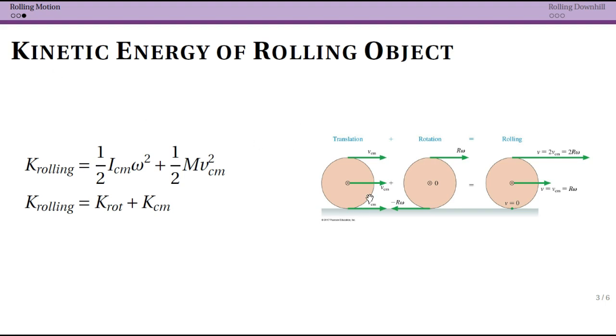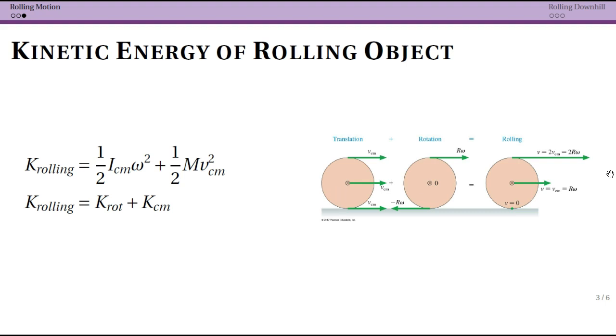We can think about the energy the motion has from translation, and we can think about the energy of just the rotation. So the rolling motion is going to have one term that's coming from rotation and another term, and again we denote it cm because it's coming from the motion of the center of mass. And so you really have two terms in this kinetic energy, the rotational one and the translational one.